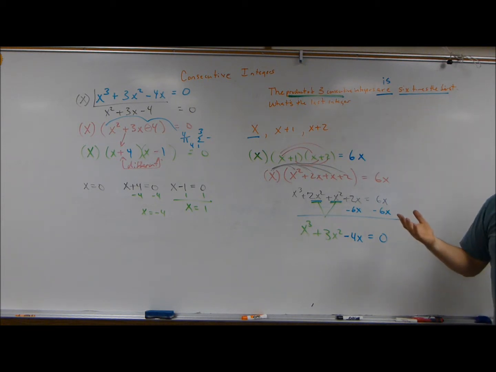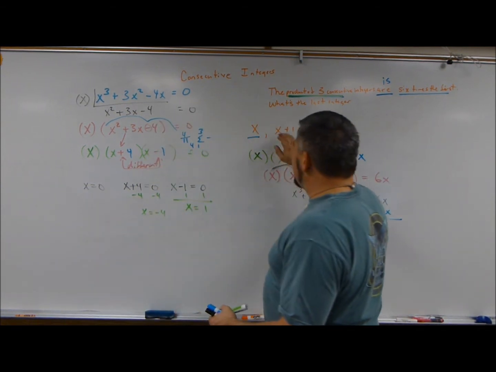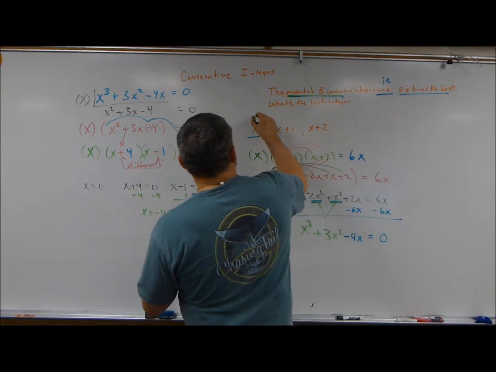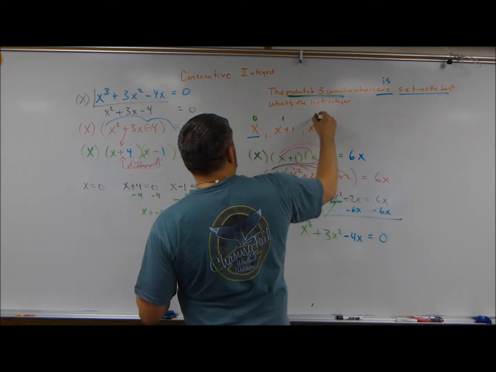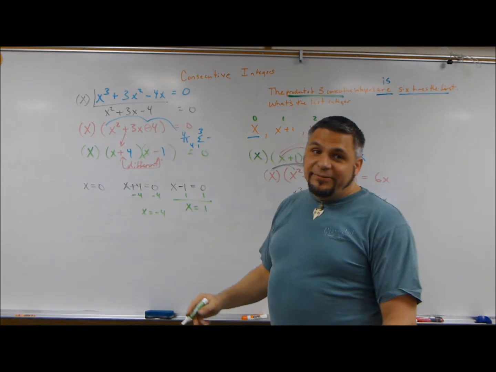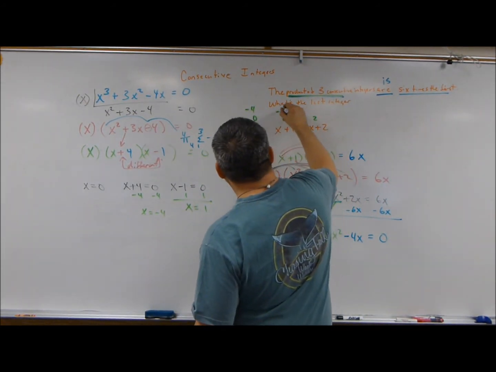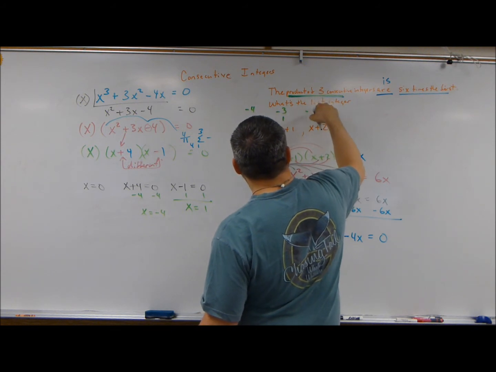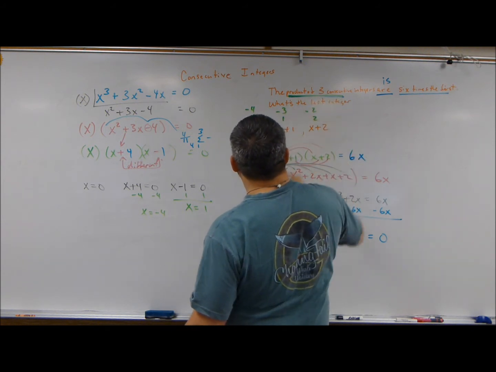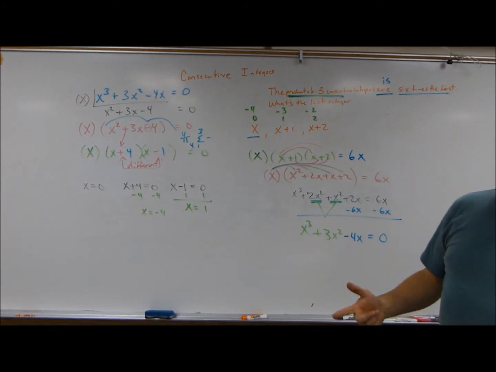So it works. So the first number could be 0. The first number could also be negative 4, and then the next numbers would be negative 3 and negative 2. Let's see if that works.